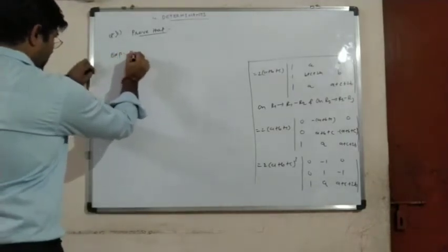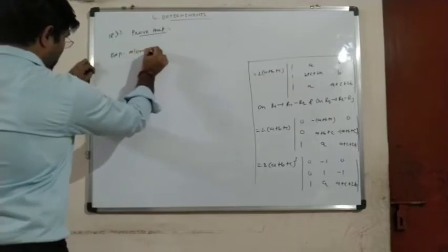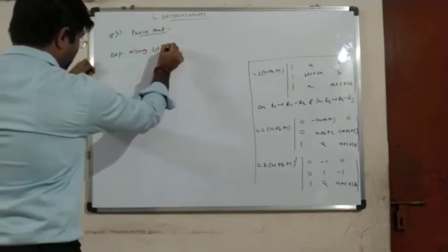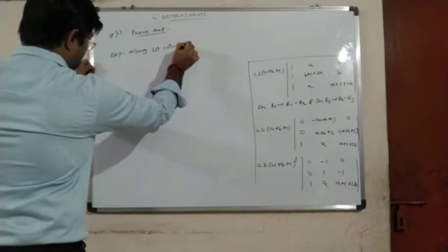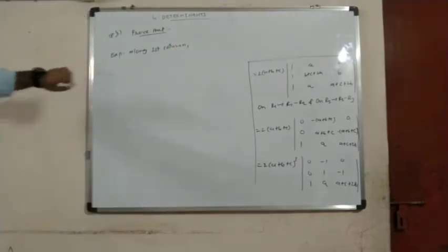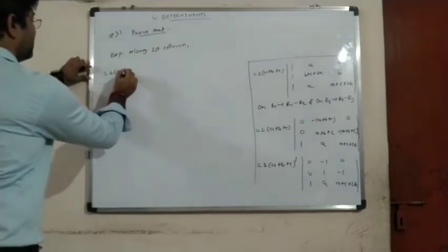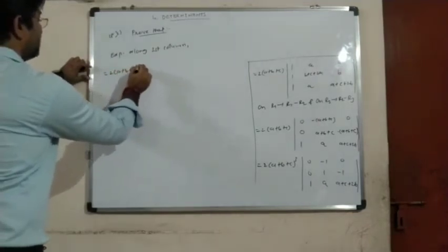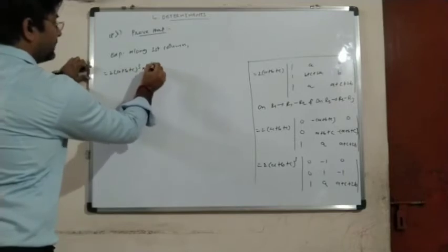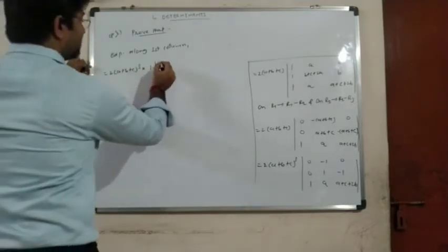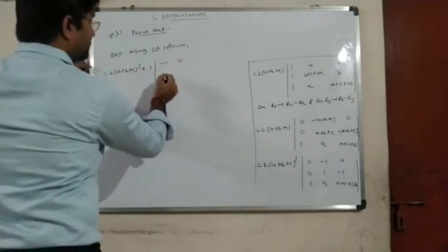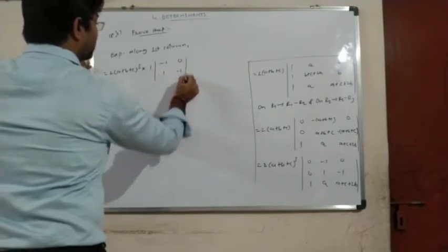Now expanding along the first column. So we have 2 into A plus B plus C the whole cube into 1 into the determinant, which is minus 1, 0, 1 and minus 1.